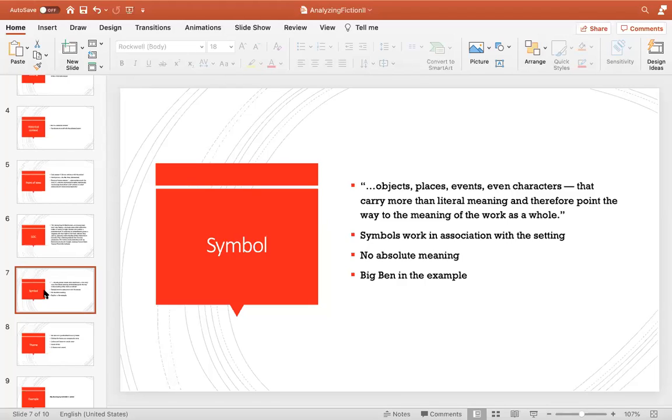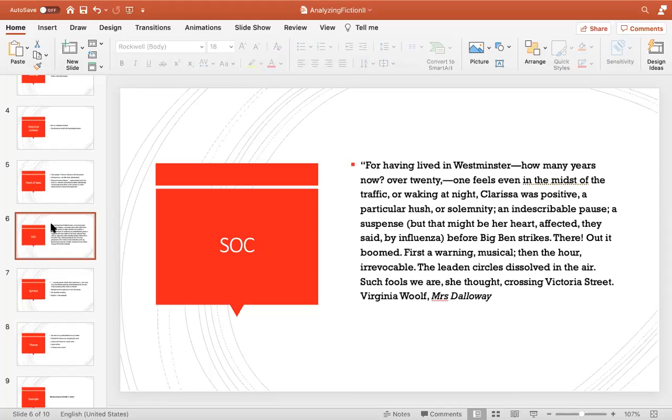Now, Big Ben is an example of a symbol. If we go back to this quote, students, that you can see on the screen: For having lived in Westminster, how many years now? Over twenty. One feels even in the midst of the traffic or waking at night, Clarissa was positive, a particular hush or solemnity, an indescribable pause, a suspense.